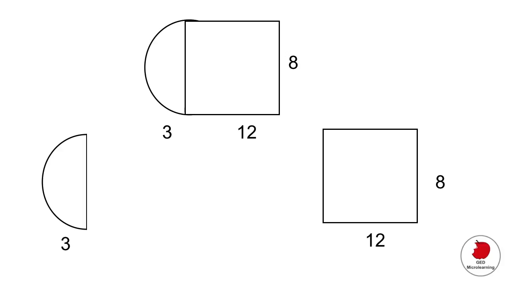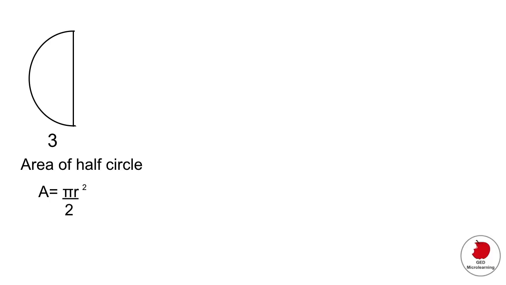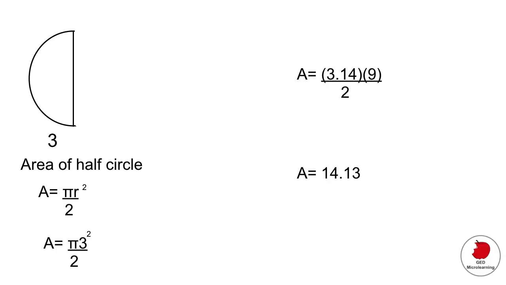Okay, so first of all, what's the area of half a circle? So you would take the area of a circle, which is pi multiplied by radius squared. Because we're talking about half a circle, you divide that by 2. And then you just put these numbers in, and you end up with 14.13. This is for the circle.